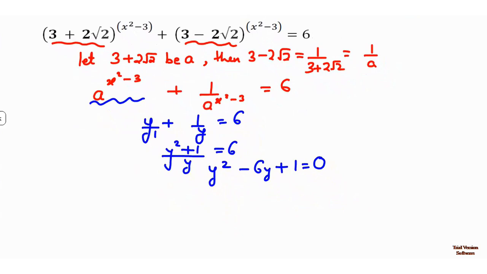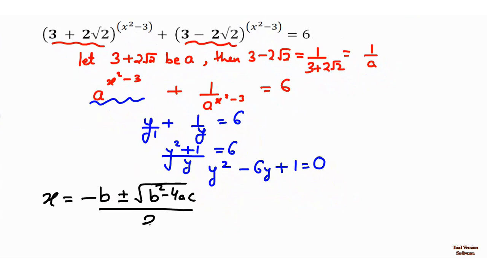Now, that formula is x is equal to minus b plus minus under root b square minus 4ac upon 2a. Here we can get the values of a, b and c. A is basically the coefficient of x square or in this case y square.